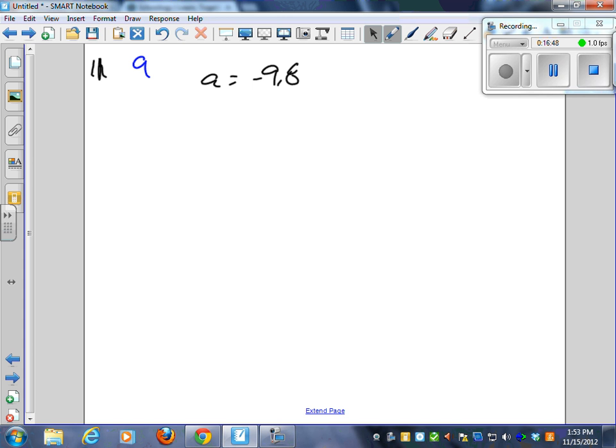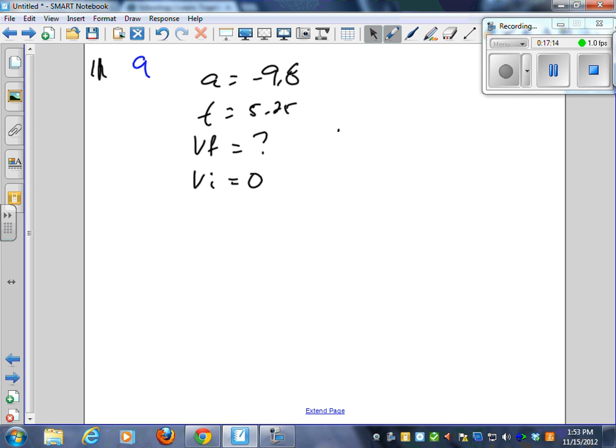If the ball lands after 5.25 seconds, what is its final velocity? VF. What does VF equal? Now, there's one other thing that you're told that you might not realize. It's dropped from a cliff, which means the initial is 0. The initial is 0. What is the final velocity?